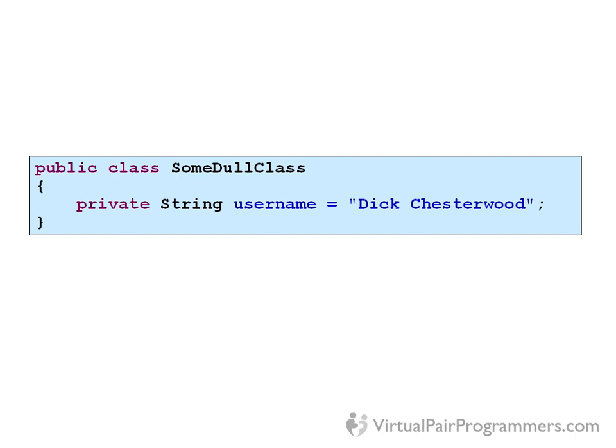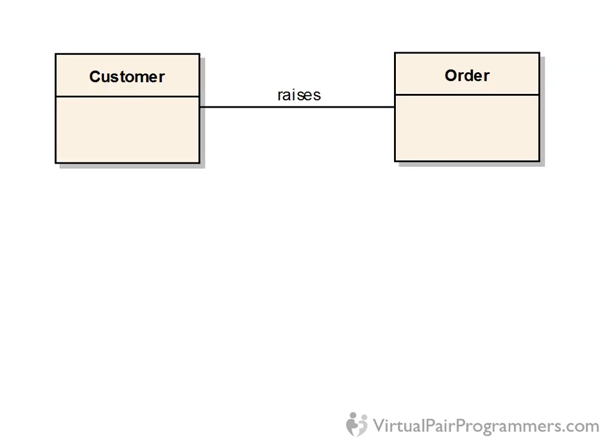Some classes just live together and they're coupled together by their very nature. For example, in this domain model, we might have a customer class and an order class. Now, as we know, customers raise orders. It's a natural, real-world relationship.